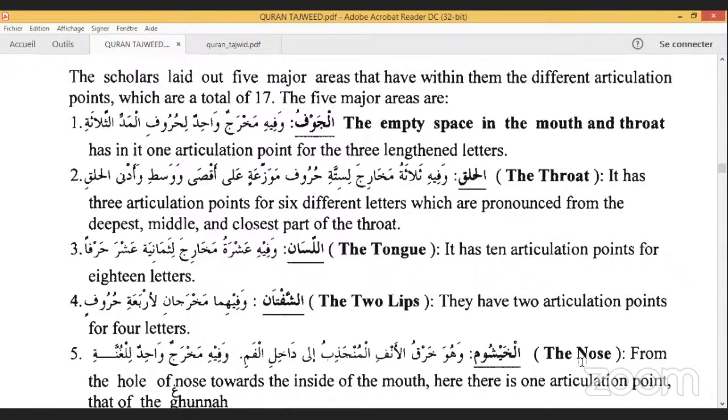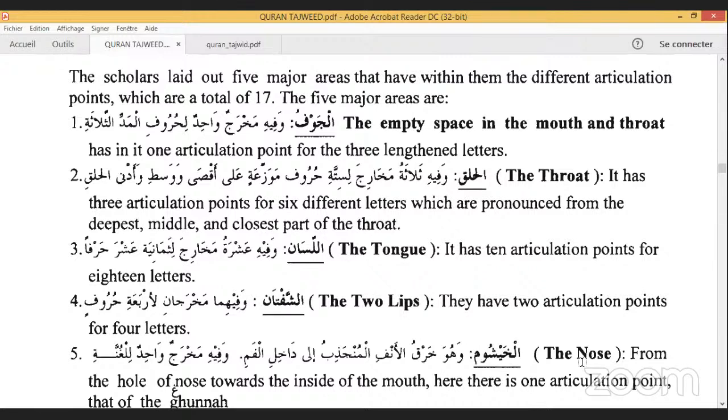So we have 3 parts on the throat. I think we are going to see this in an image, inshallah.